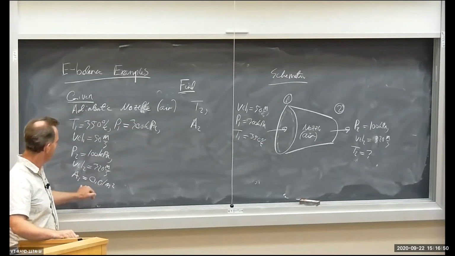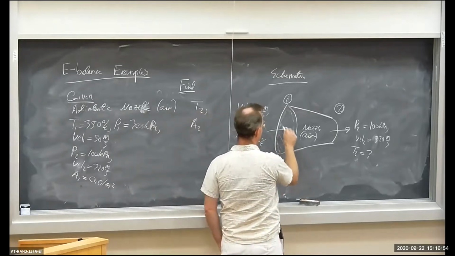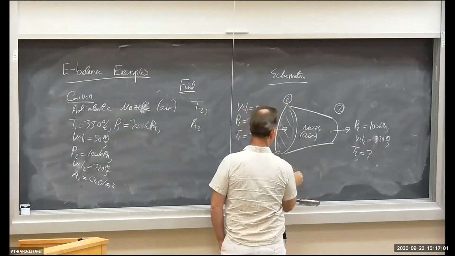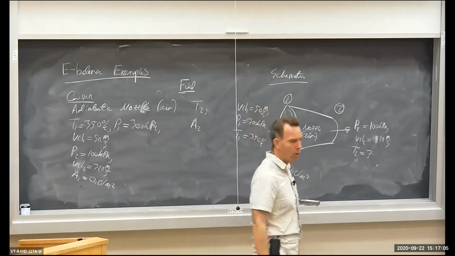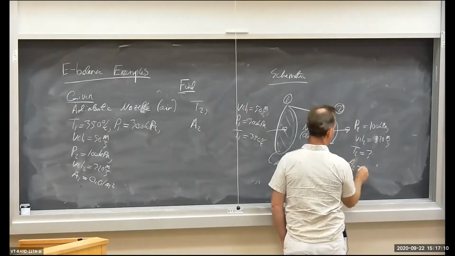Also, the inlet flow area, area 1, is given at 0.01 meters squared. I want to know what the outlet flow area, area 2, is.